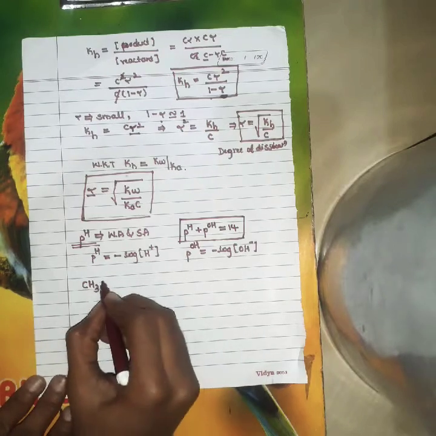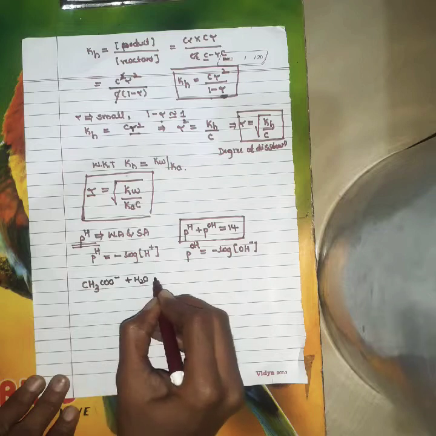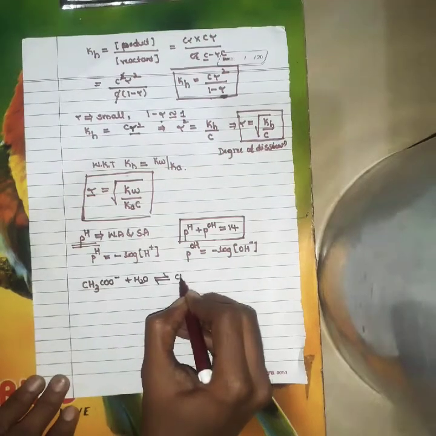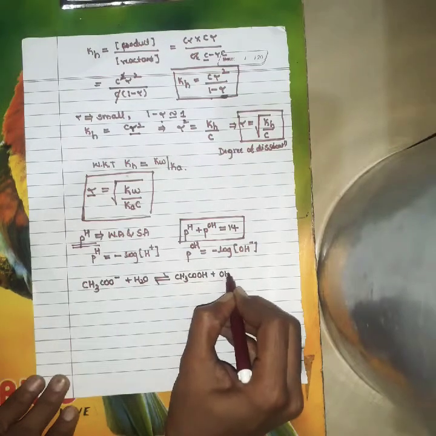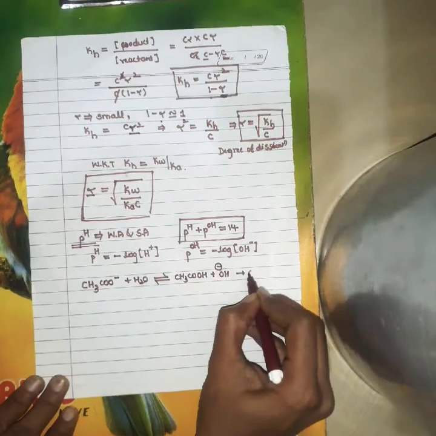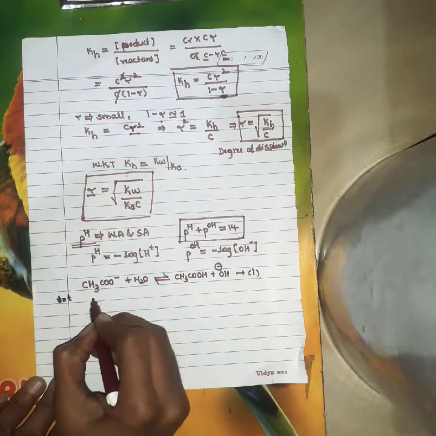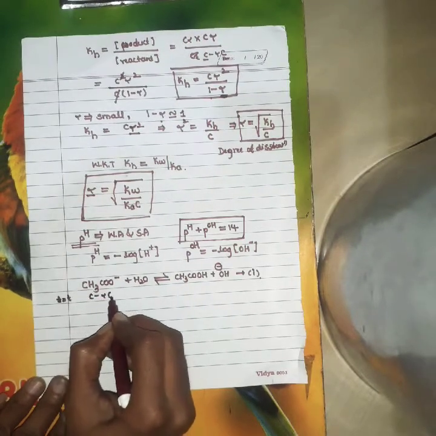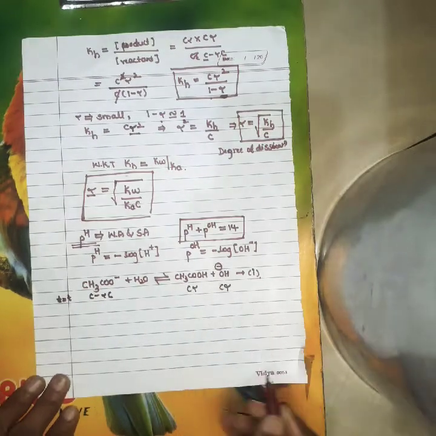Therefore, we consider equation 1: CH3COO minus plus H2O, which is in equilibrium with CH3COOH plus OH minus. At time t, the concentration is C minus alpha C. This is C alpha and this is also C alpha.